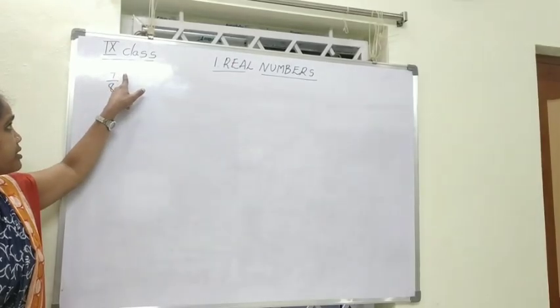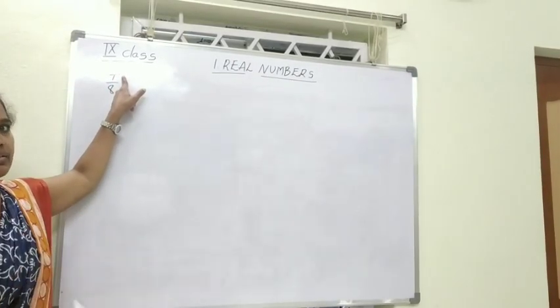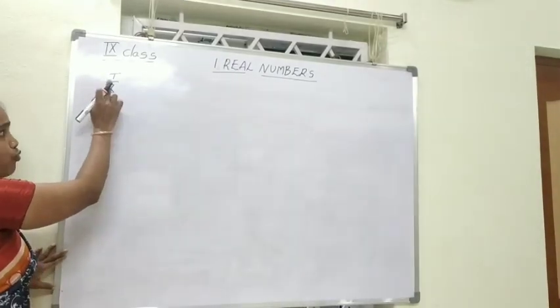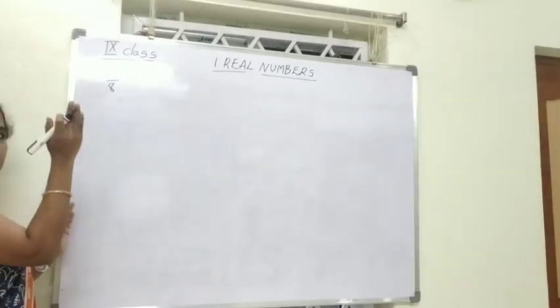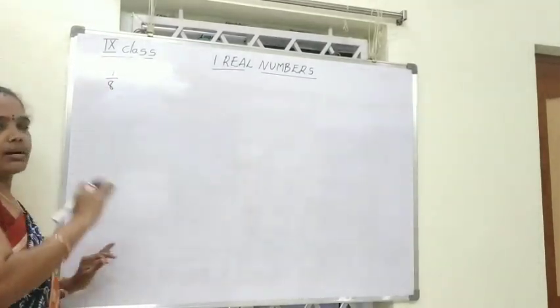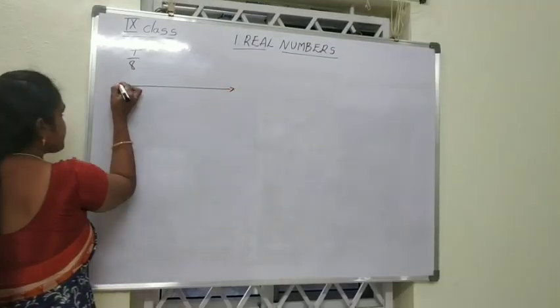The numerator is how many parts we have to shade, how many parts are taken. So now 7 by 8, total parts are 8. 1 unit we have to divide into 8 parts. In that, 7 parts we have to take. Understood? Now okay, see. Now take the number line.